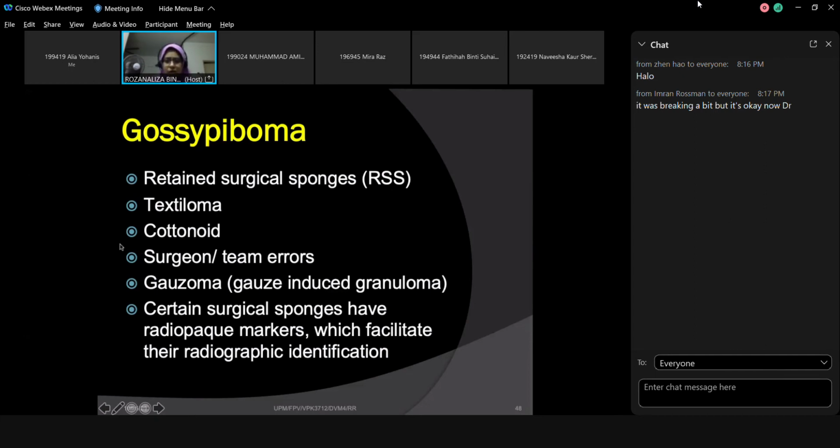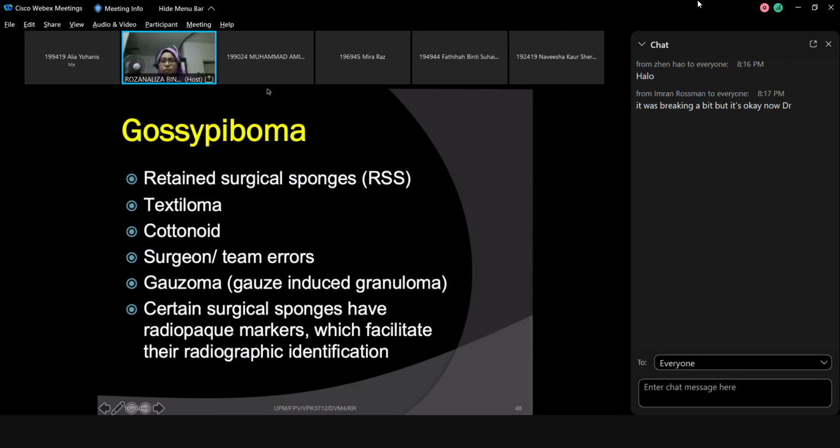You can say this is a surgeon or team error usually, because the surgeon failed to count, the nurse failed to count, the assistant surgeon failed to count. That is why when we ask you to drop the gauzes, please develop a technique. If every time you drop 5 gauzes, it's easy. One time you drop 5, 5, 5, 5, you easily calculate and get the numbers.